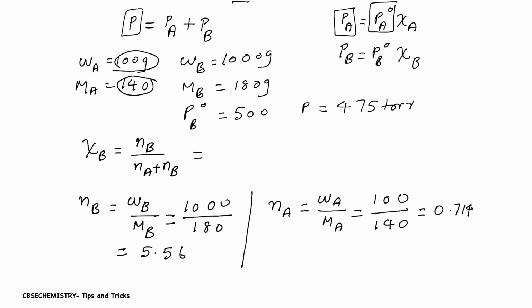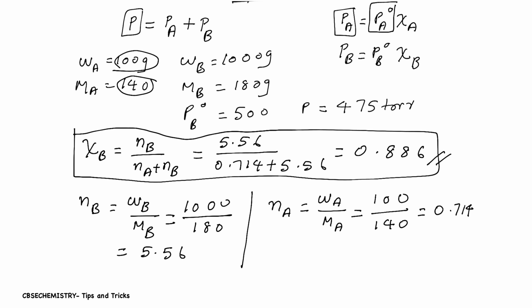Substitute these values in the equation for chi B. You will get 5.56 by 0.714 plus 5.56. On calculating, you will get 0.886. So we got chi B value. Okay. Now how to find chi A value?